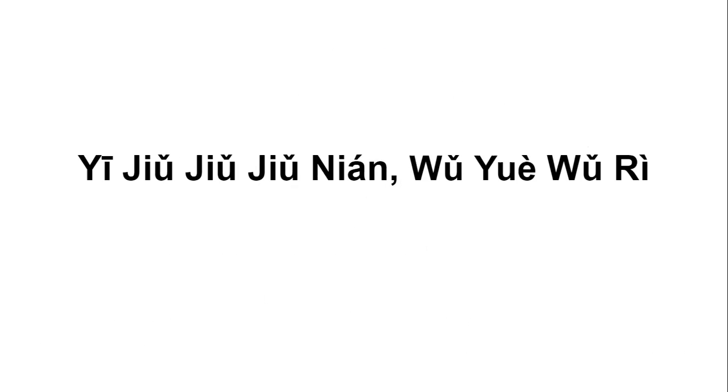Great. So now that we have the date again, let's take a look at the phrase my birthday is on. We learned in our pronouns lesson that my is 我的. And then in part 1.2, we also learned that birthday is 生日.